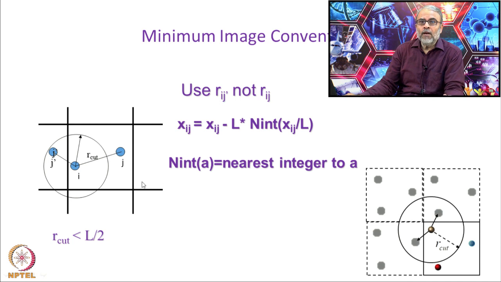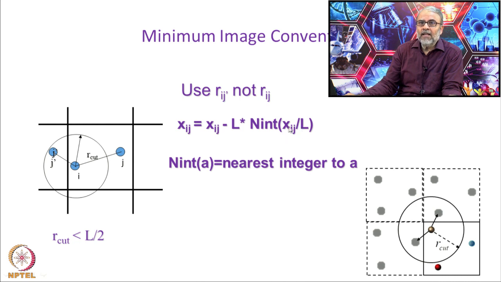So, when I write a computer program, how will I know whether I should calculate j prime or j? This is an algorithm for that. That algorithm says xij, that is the distance between i and j, will be the original xij minus box length times nint(xij/L). xij is this distance and L is the box length.